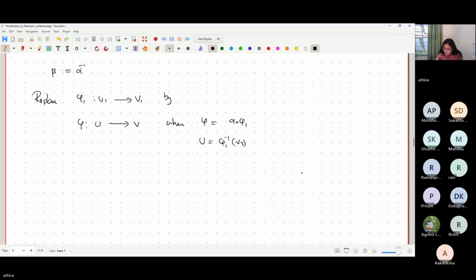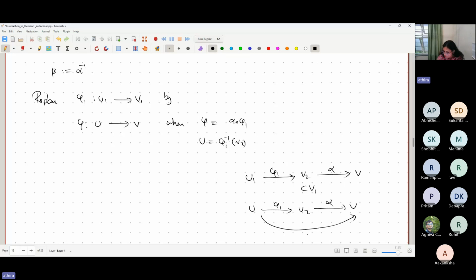Here, alpha is a map from V2 to V. This is contained in V1, and phi 1 is a map from U1 to V1, and I am taking phi 1 inverse of V2, that is U. From V2 it is mapped into V by alpha. Composing these maps, I get phi. Is the map clear? We are almost done.